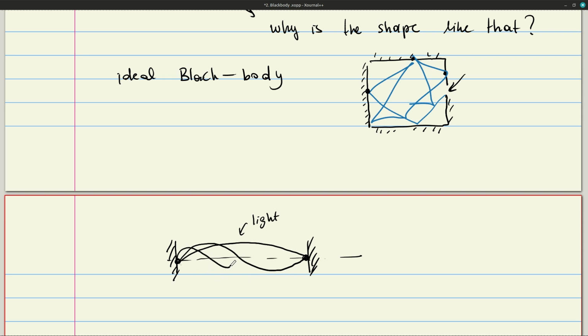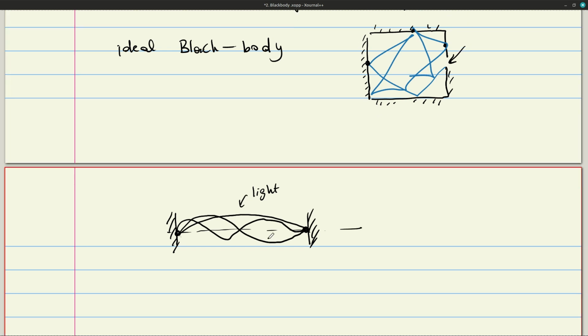Or maybe it can do something like that. As long as the ends are fixed, this is an allowed light mode. So I'll call these allowed light modes inside the cavity. Good.